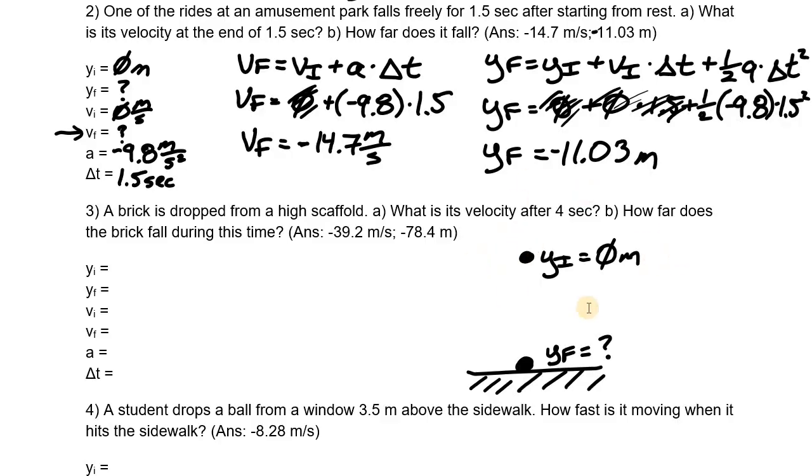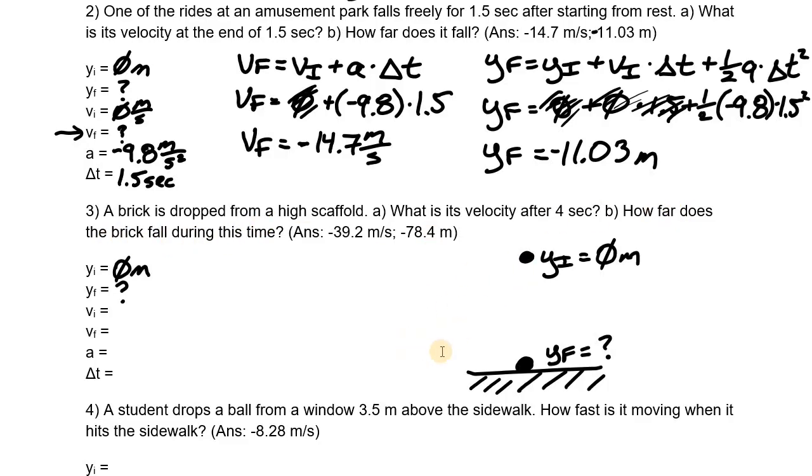Let's fill in our given information. We have 0 meters for the height. The final height is what we're trying to find. It's asking how far does the brick fall during this time.